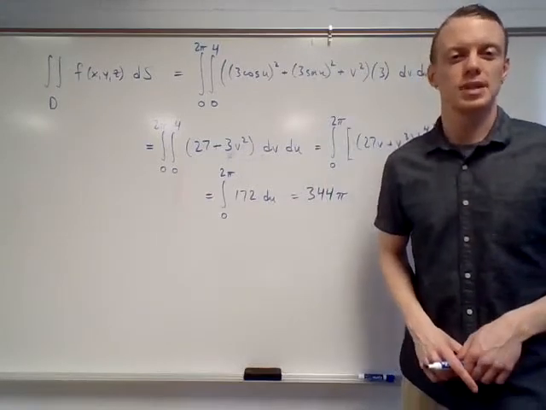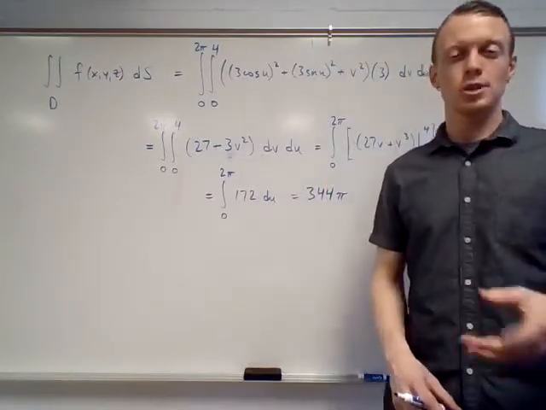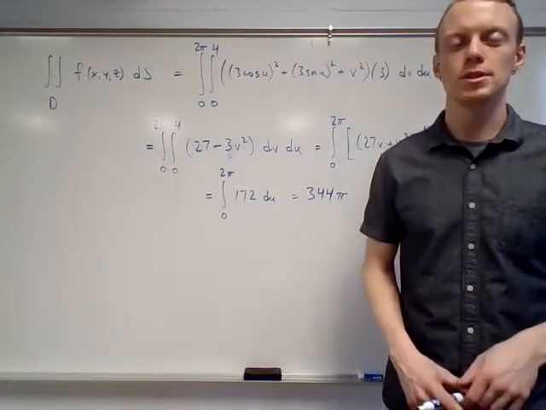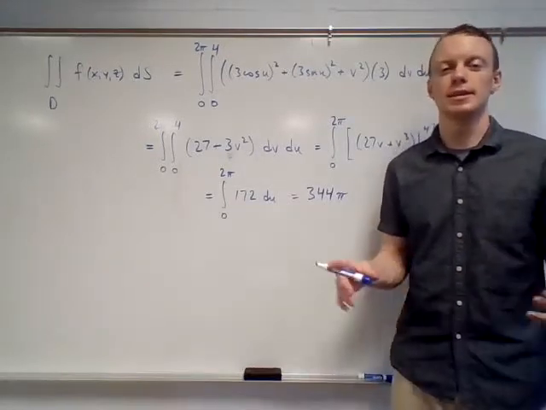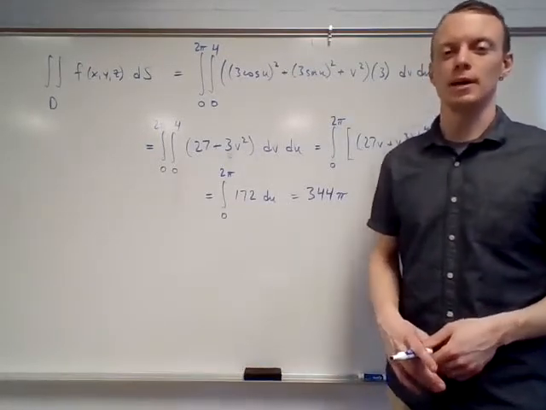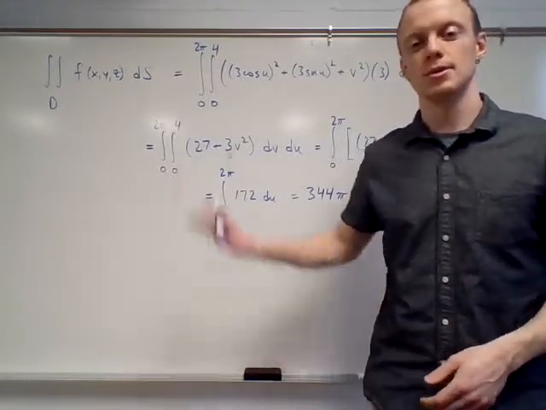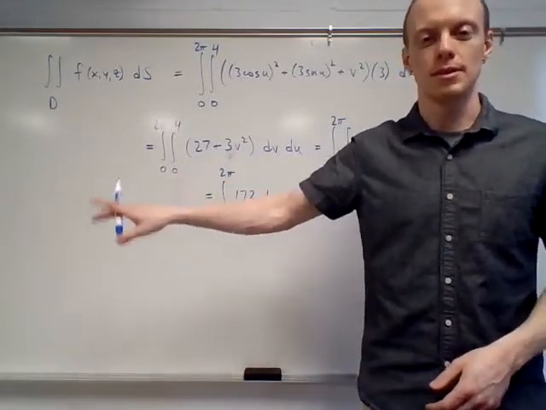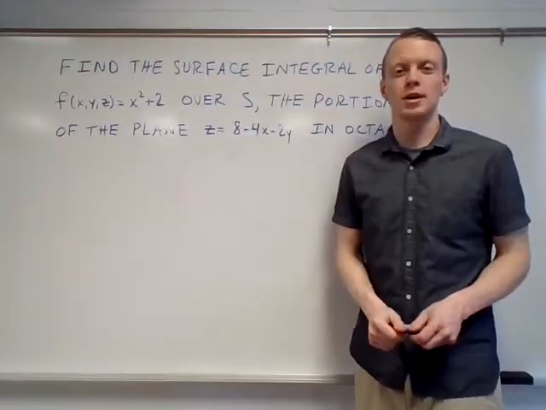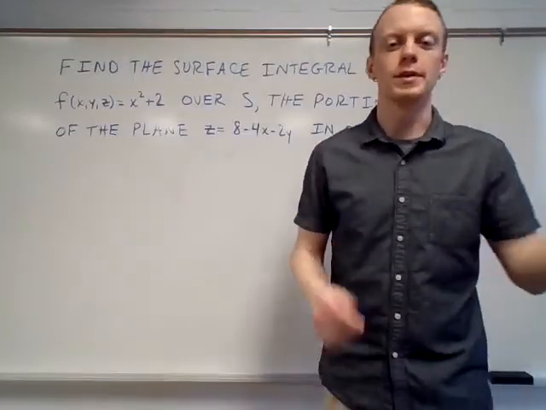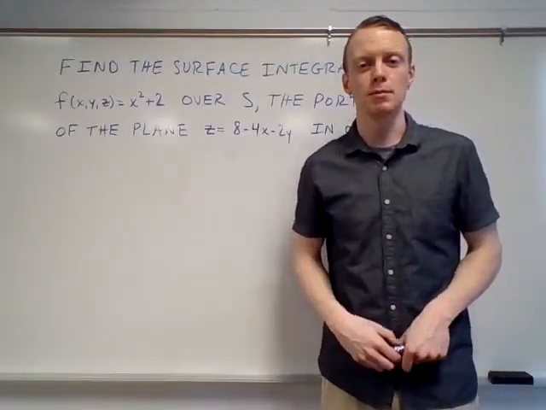Next example that we're going to see, a little bit more challenging, a little bit more work to do, but still not the worst problem out there, and we're going to use the same technique, the same method to come up with the answer.